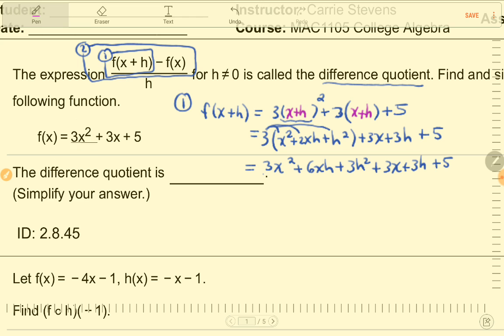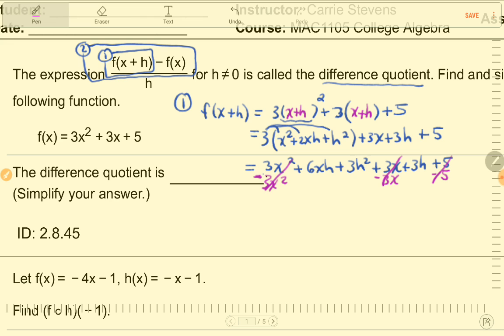Another way of doing that is just to make sure you change the signs of each one of the terms. So I'm going to be subtracting 3x squared from my f of x plus h, and you can see that it's going to cancel. And then I'm going to subtract 3x, and that will cancel. And I'm also going to subtract 5 right here, so that will cancel.